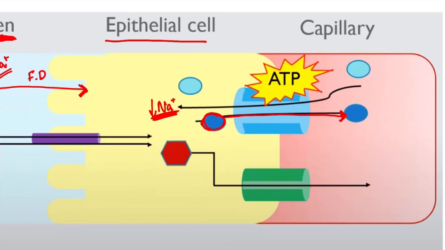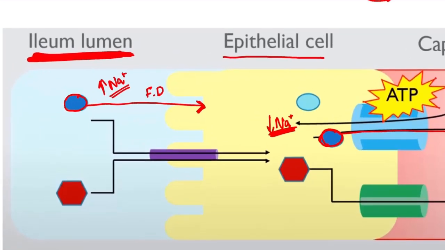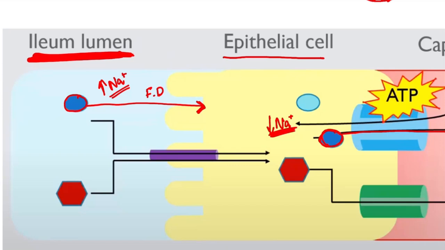We've got rid of some of the sodium ions in the epithelial cell by active transport, moving them into the capillary, and that's lowered the concentration of sodium ions in the epithelial cell. Now the sodium ions from the lumen are going to move by facilitated diffusion into the epithelial cell because there's a high concentration over here and a low concentration over here. They're not going to move by themselves. They're going to take a molecule of glucose with them.